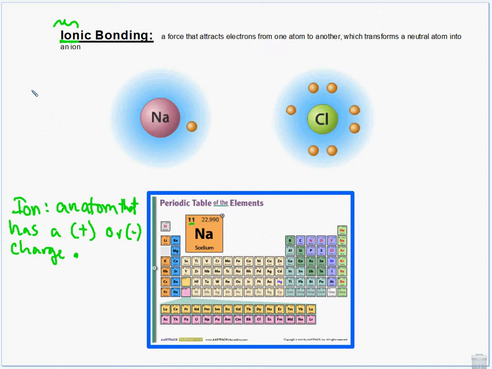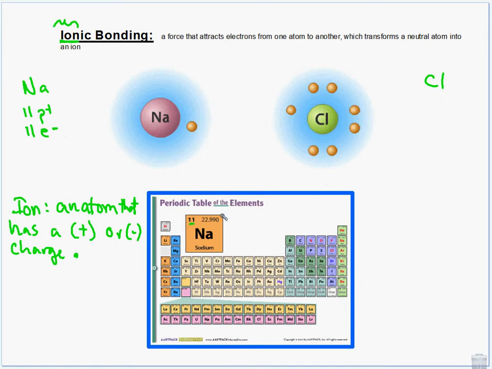So that means sodium has 11 protons and 11 electrons. And that makes a neutral atom. When 11 protons are matched with 11 electrons, 11 positive charges with 11 negative charges, we get a neutral atom. They counteract each other.